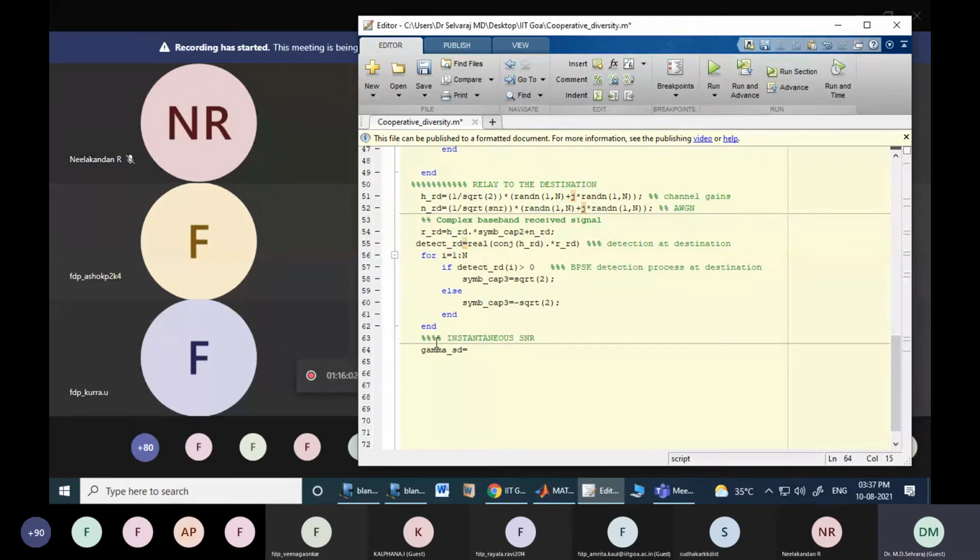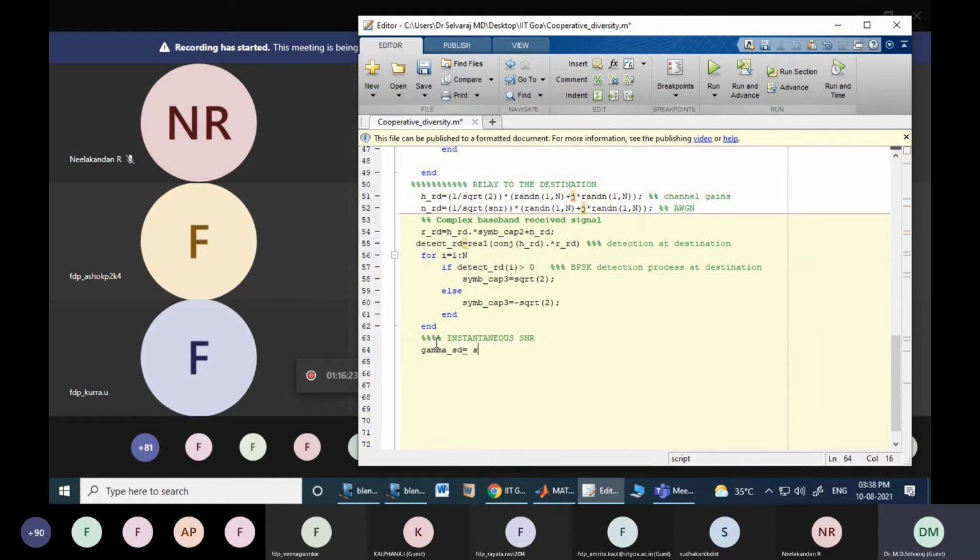So what is ES? Instantaneous SNR is equal to ES by N naught. ES is equal to 1, therefore it is fine. N naught is equal to 1 divided by average SNR. So therefore this average SNR will come in the numerator.